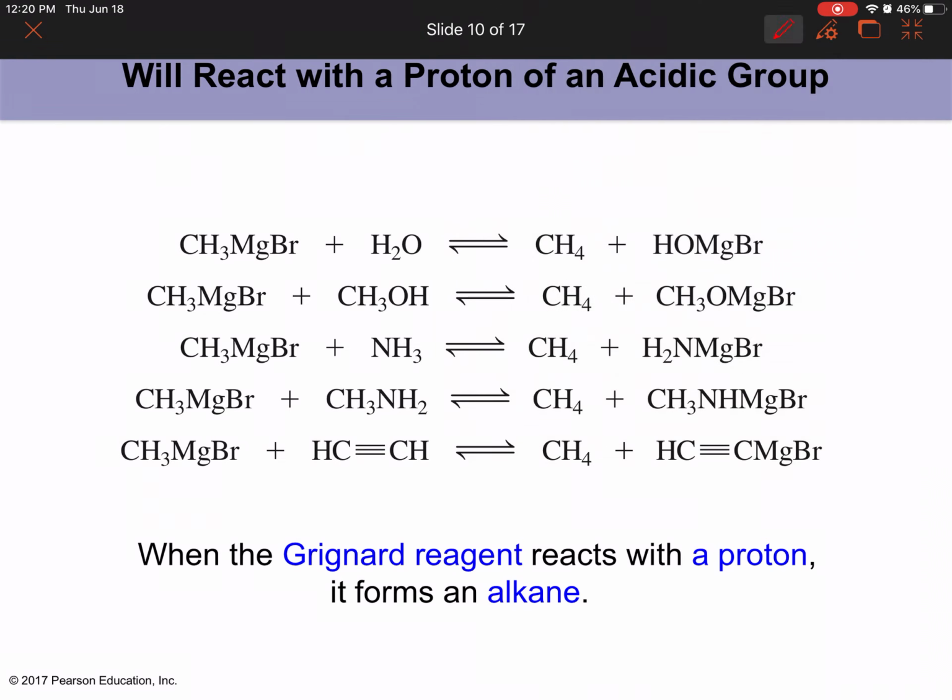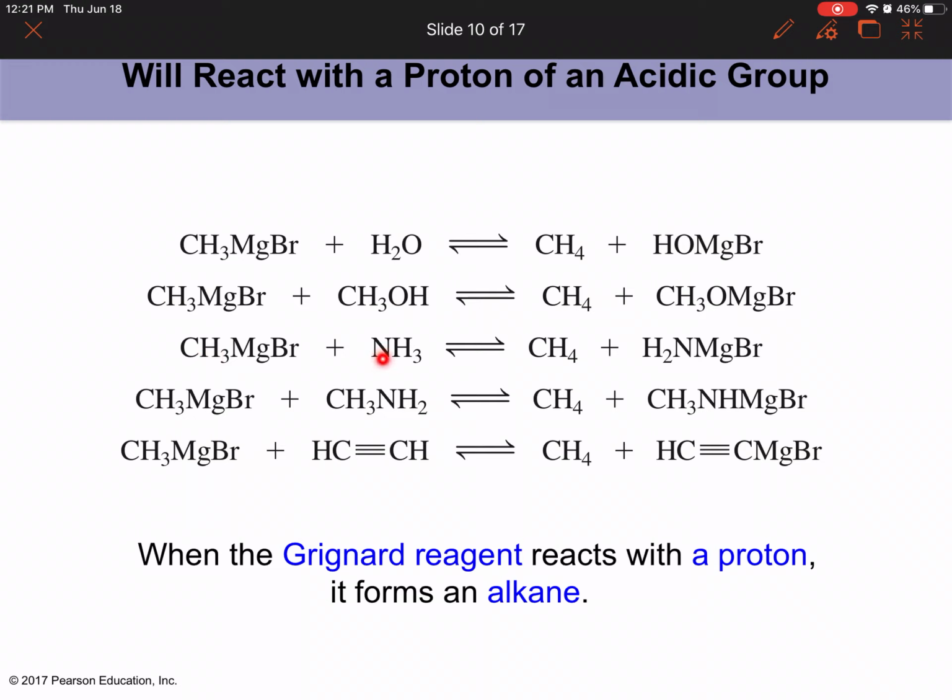And then again, if you start with the Grignard reagent, it can react with methanol. In methanol also, you have an acidic hydrogen, this hydrogen, not this group hydrogen. So the methyl group can react with this hydrogen, form methane, and the methoxide group becomes attached to magnesium bromide. It doesn't have to be methyl, it could be any other alkyl group.